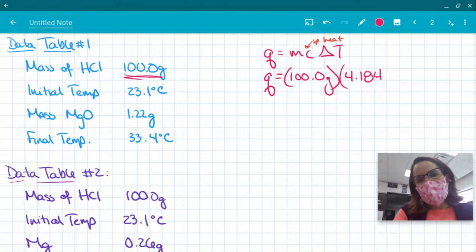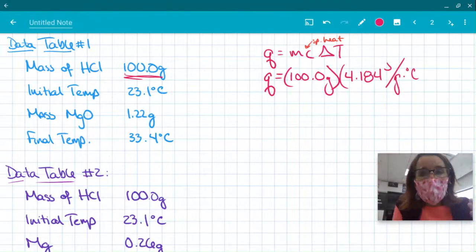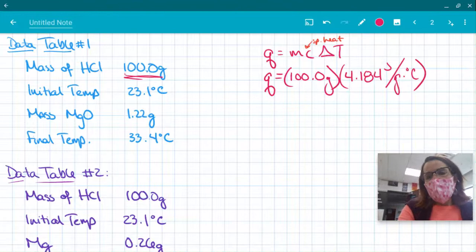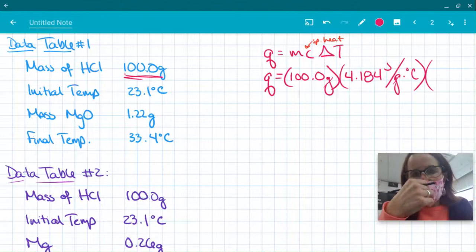It's got a wacky set of units, joules per gram times degrees Celsius. You'll see that all the units will cancel out and we'll be left with joules when we're done. Right now you can see that the grams have canceled out. We need degrees Celsius to go away so that we're left with joules.